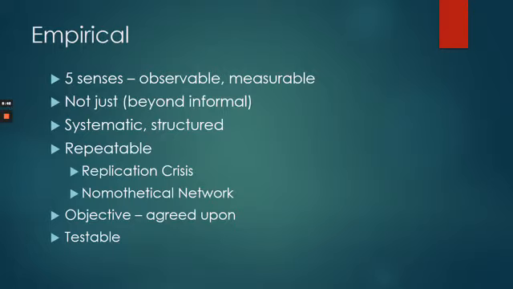So we're not really concerned about replication of the same study over and over again, kind of a waste of time in my view. But do different people using different methodologies say the same thing about that question? So in psychology, the nomothetic network is actually more important than replicating the same thing over and over again. So that's what we mean by repeatability in psychology.